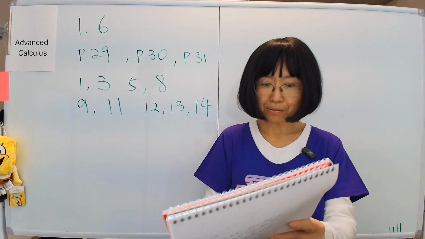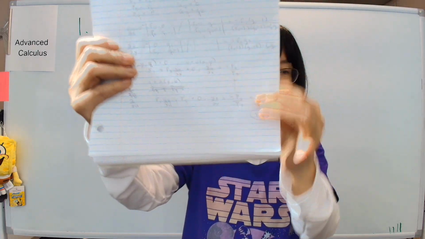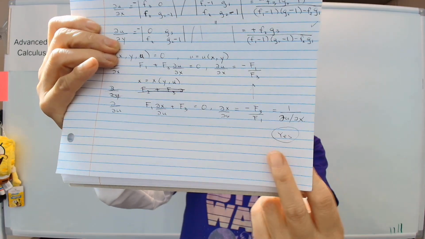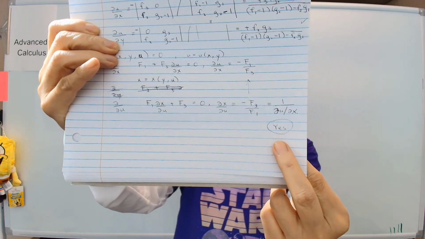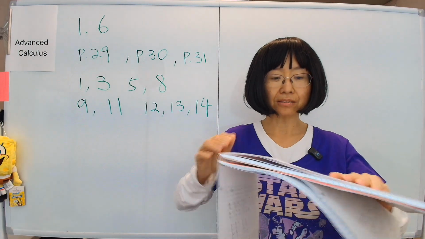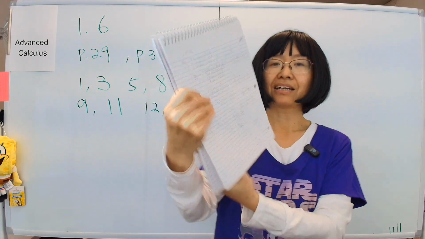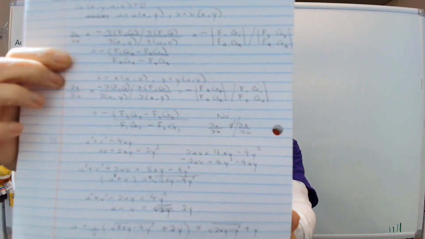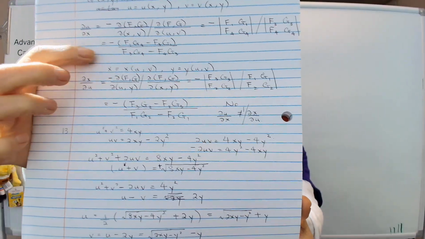In the previous problem, I forgot to mention that the question actually asked for the reciprocal. That is, partial x, partial u is 1 over partial u, partial x. The answer there was yes. Now, in this case, the answer is no, because it is not the reciprocal. When we do the math and get everything, look at the two formulas, they're distinctly different.